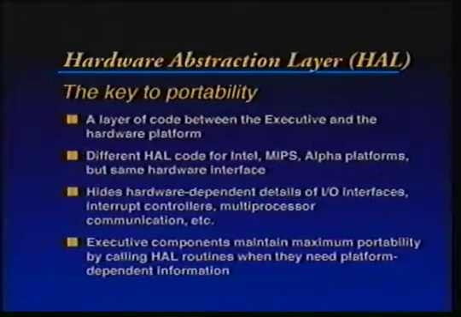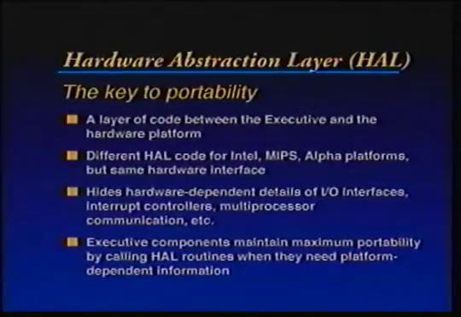We discussed the HAL layer a little bit yesterday when looking at the port of Windows NT over to Alpha. But just to review, for those of you who weren't there for that, it exists as a level of code between the executive or the integral subsystems and the hardware platform itself. There's different HAL code for every different hardware architecture.